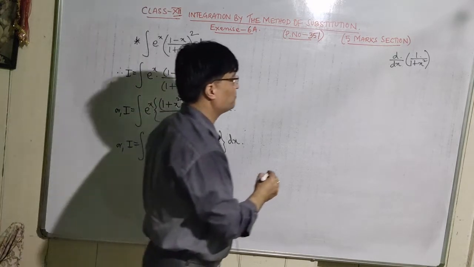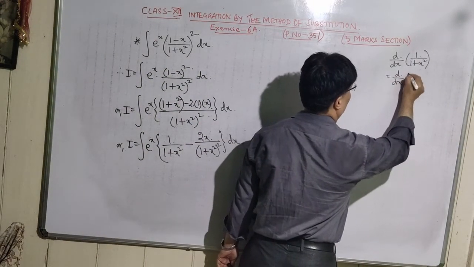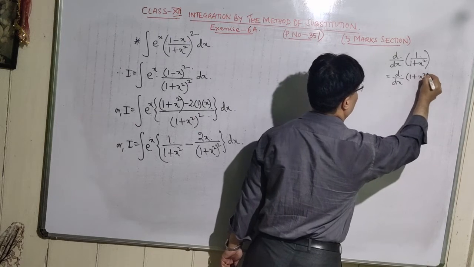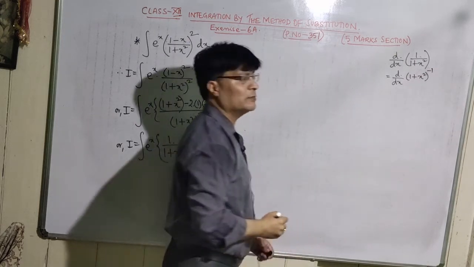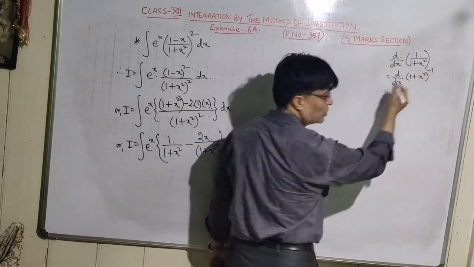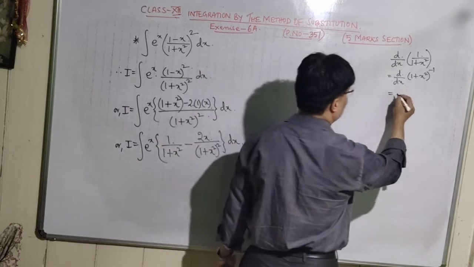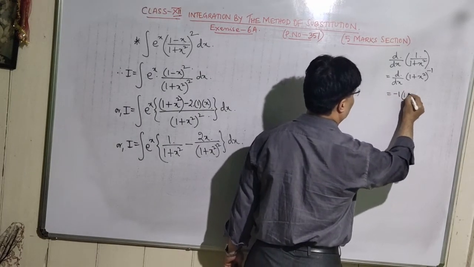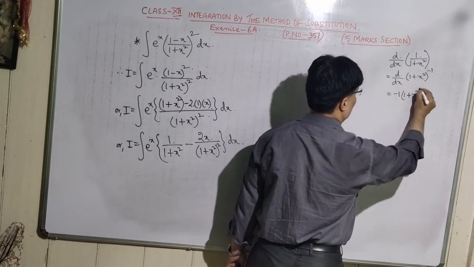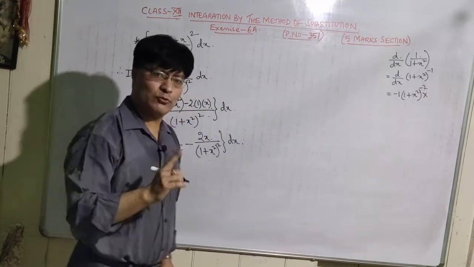Let us check it. So this is dy dx of, you can take it to the numerator, so it becomes 1 plus x square all to the power minus 1. It is just like your x to the power n. So after differentiation, n comes in the front, minus 1, 1 plus x square whole to the power minus 2 into, again you have to differentiate the term which is assumed as x.